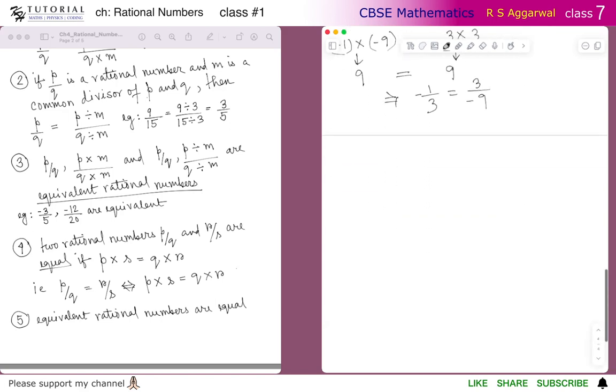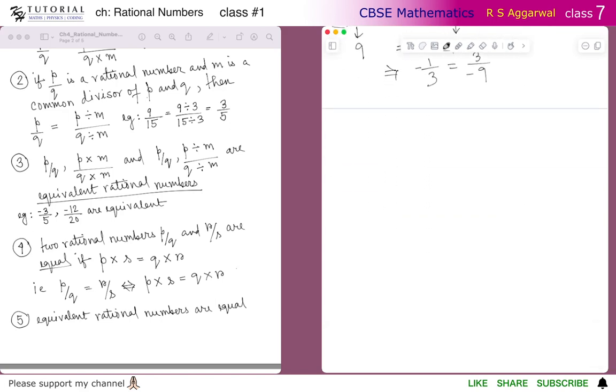Now let's try to understand why equivalent rational numbers are equal. Let's say I have a rational number p by q, and how do I get an equivalent rational number from this? I will either multiply both the numerator and the denominator with some non-zero integer, or I will divide. Let's say I am multiplying. So p into m, q into m. Definitely these two are equivalent rational numbers.